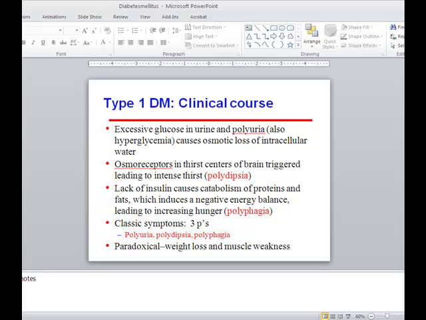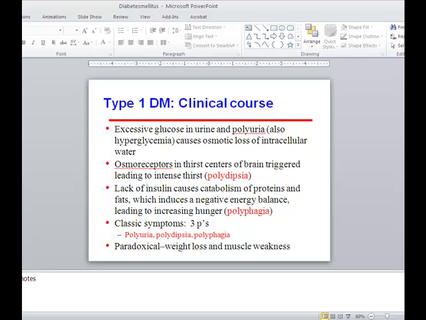So these individuals are hungry. And also remember, insulin stimulates the satiety center in the brain normally. So with lack of insulin, you're feeling more hungry than a normal individual. So that condition is called polyphagia, okay? Increased hunger.